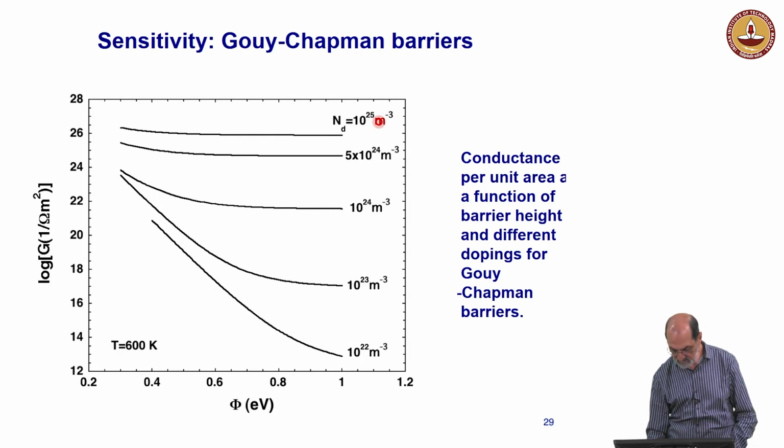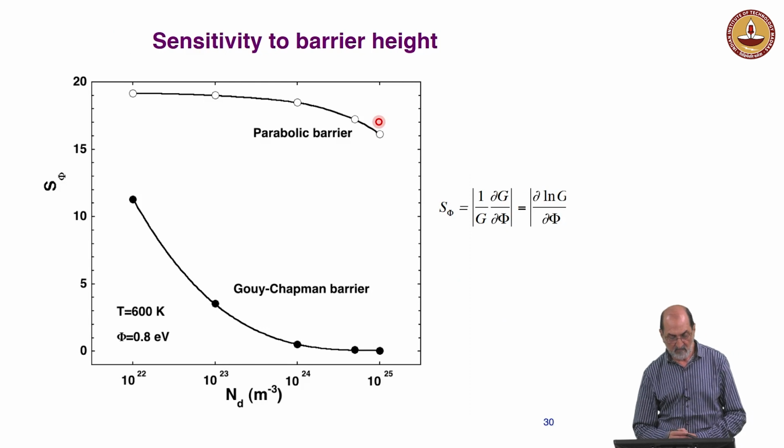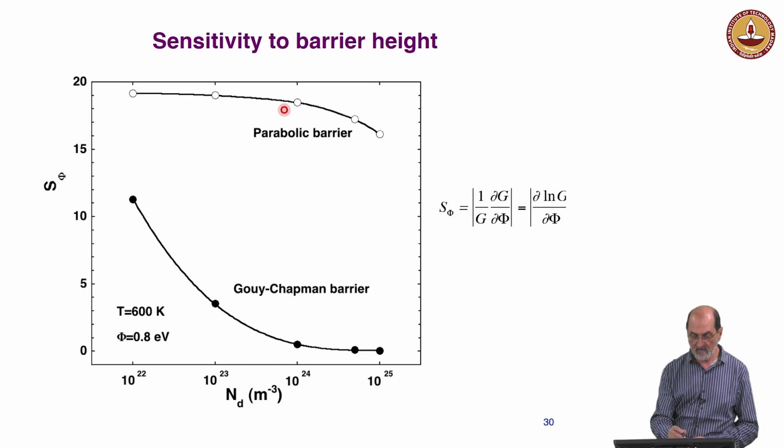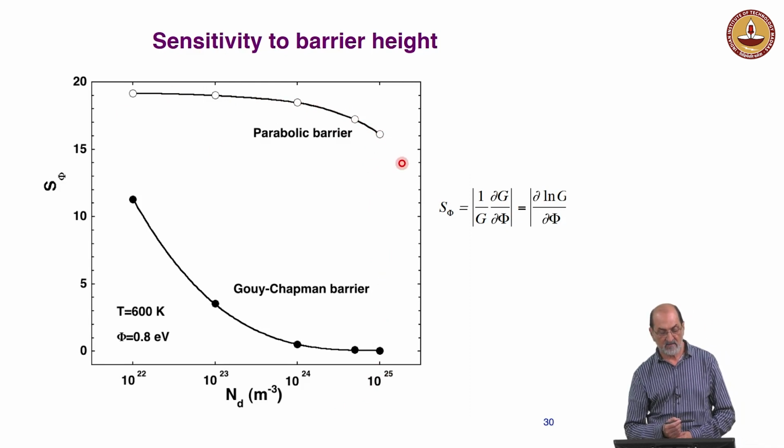And what is the sensitivity? Well, for the parabolic barrier, as we saw, for low dopings, mostly nothing, it does not change much. It's reduced a little when we have a very high doping, 10 to the 25. But things are not so bad. But for the Gouy-Chapman barrier, the sensitivity collapses as we go high in doping.